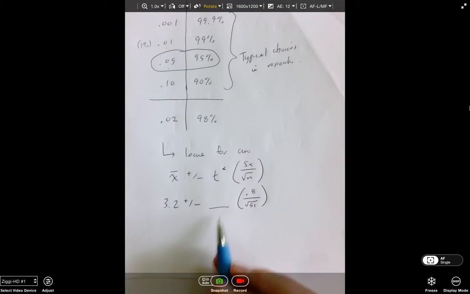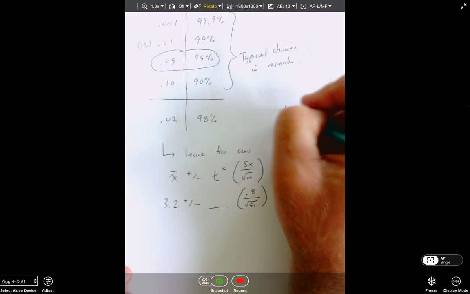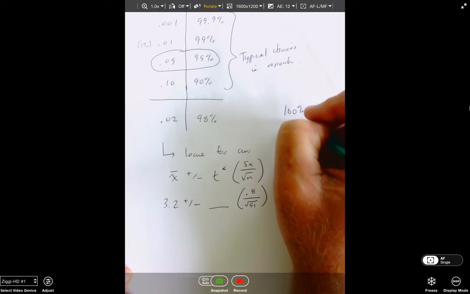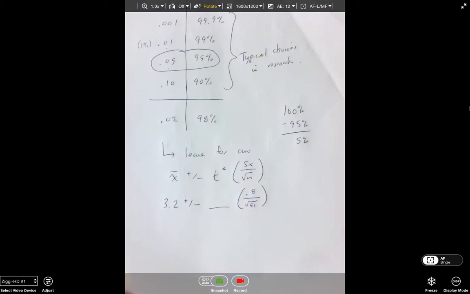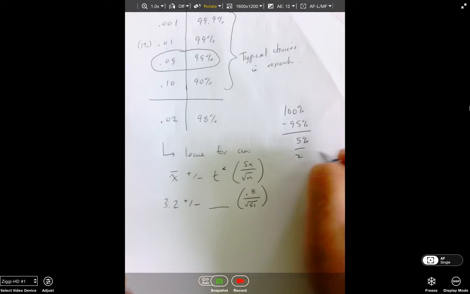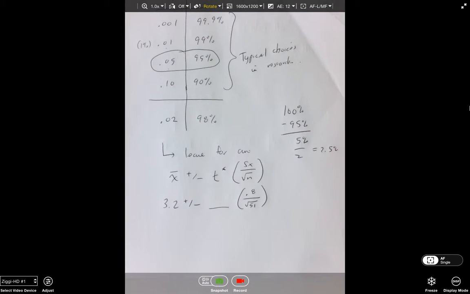Guys, how do we get our t critical? Just like we did before. Start out with 100%. Subtract the 95% or whatever we want to calculate the interval of. Divide by 2. Find the area to the left of 0.025.